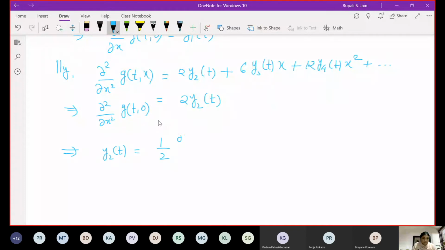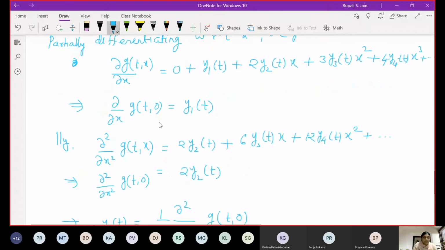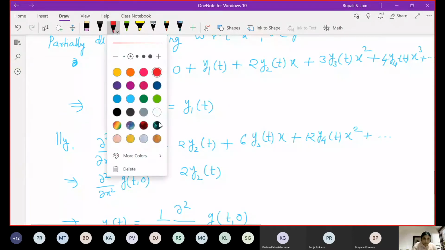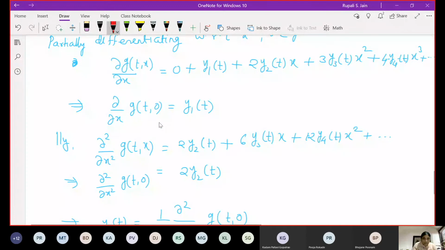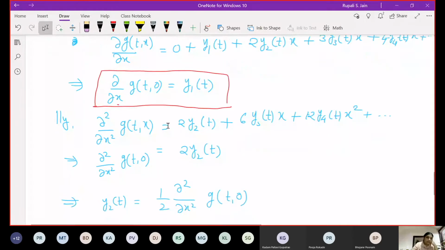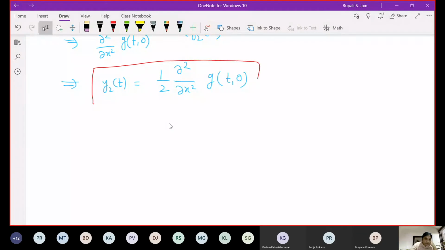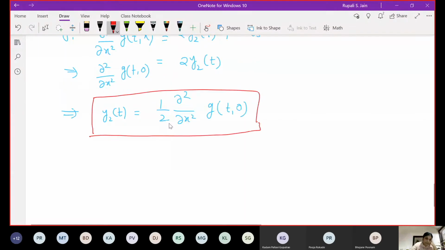This one was my y₁(t), and this is my y₂(t). Can you tell me what should be y₃(t)? How to find y₃(t)? Similarly, if I want to find y₃(t), what do I have to do? Again, differentiate partially with respect to x.